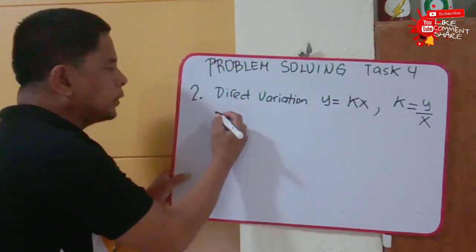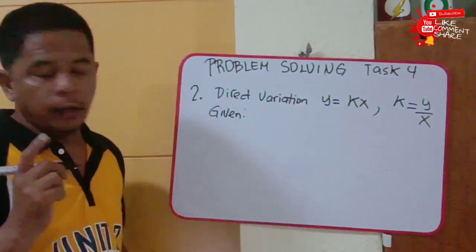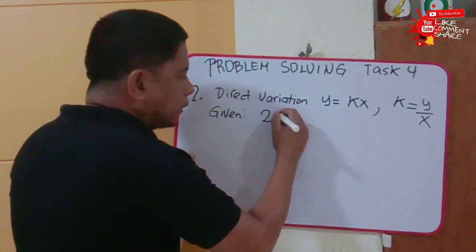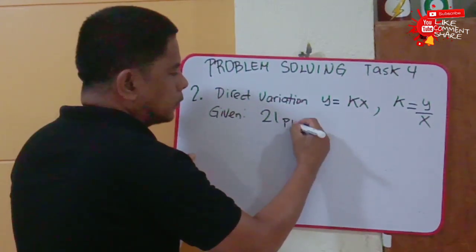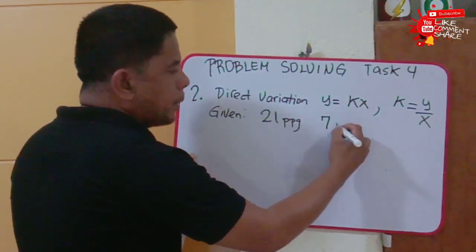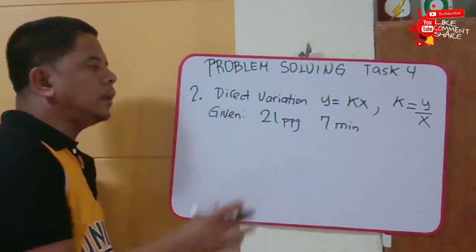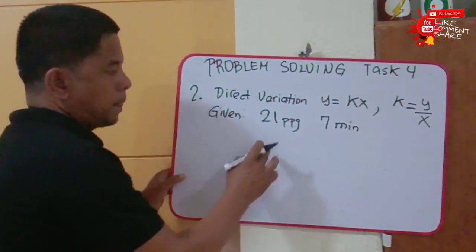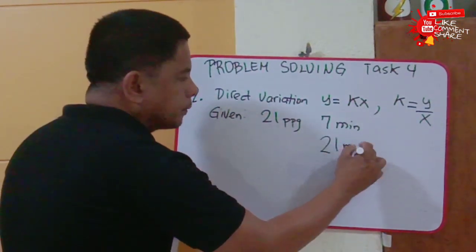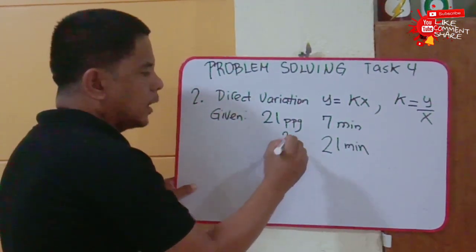So, ano yung given natin sa problem? Si Ethan ay may 21 pages into 7 minutes. So, in 7 minutes, nakakabasa si Ethan ng 21 pages. Kung meron siyang 21 minutes, ilang pages kaya ang mababasa ni Ethan?